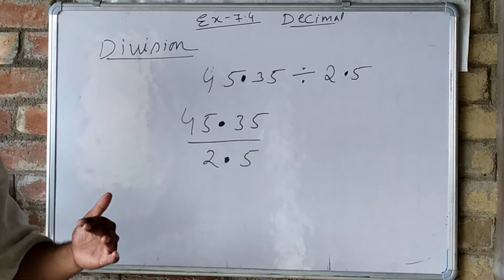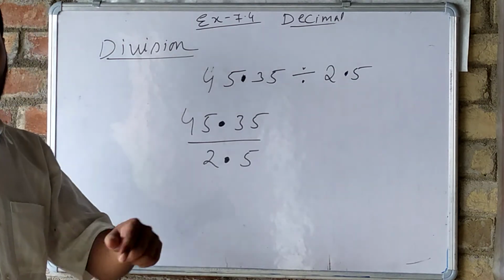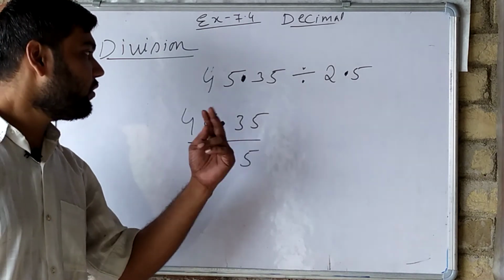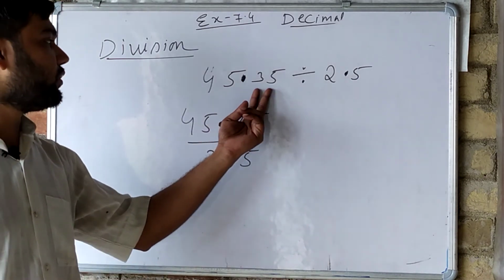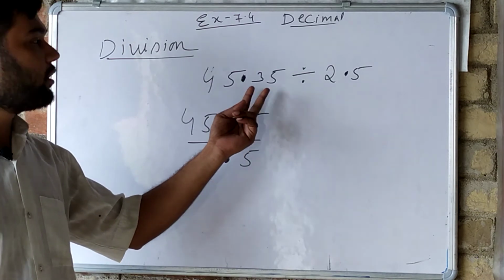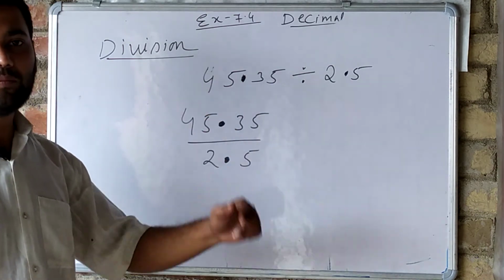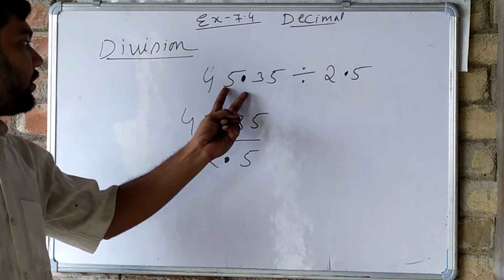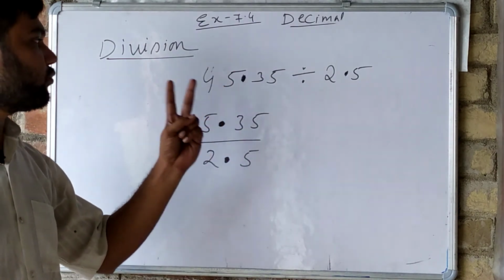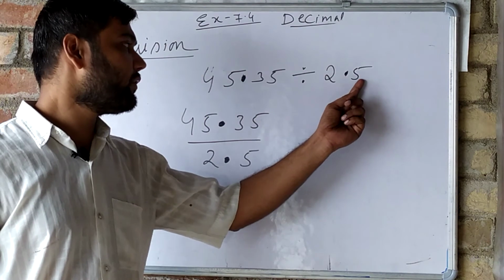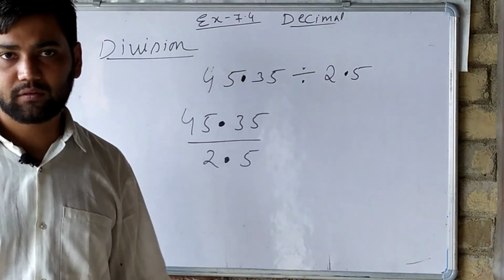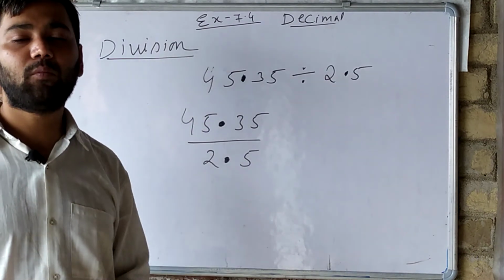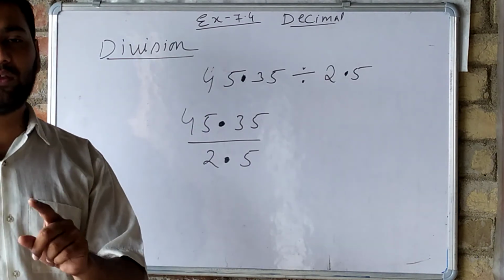Here we have two digits after the decimal in the numerator, 3 and 5, so two decimal places, and in the denominator we have only one decimal place.